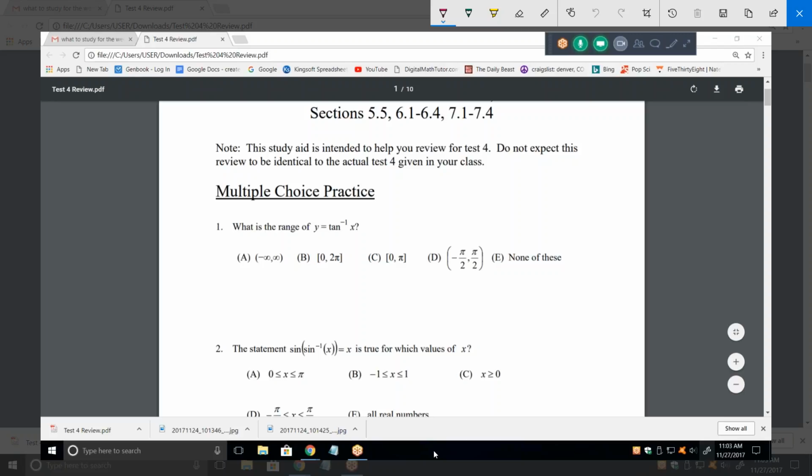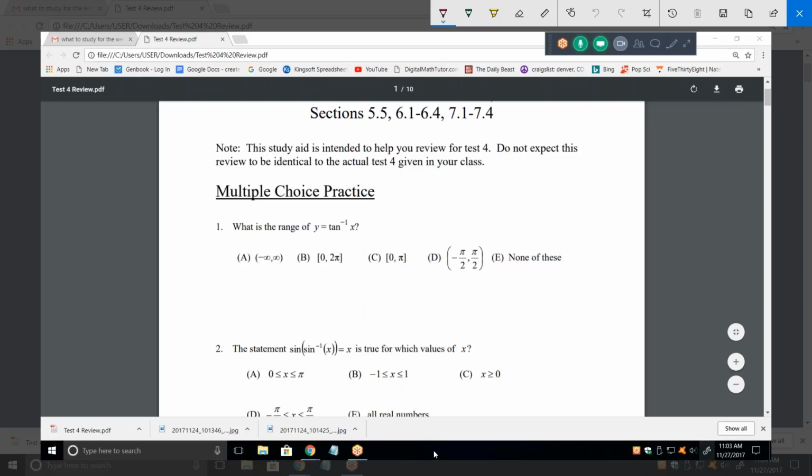Anytime a function is an inverse function, then its range is whatever the domain was of the function. They merely interchange. In other words, the domain becomes the range and the range becomes the domain.